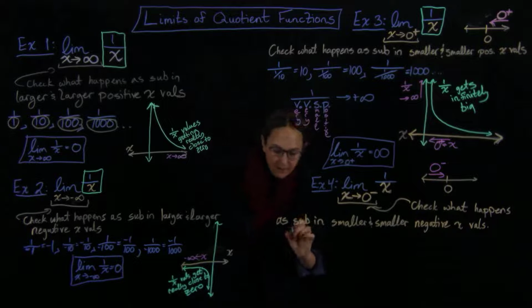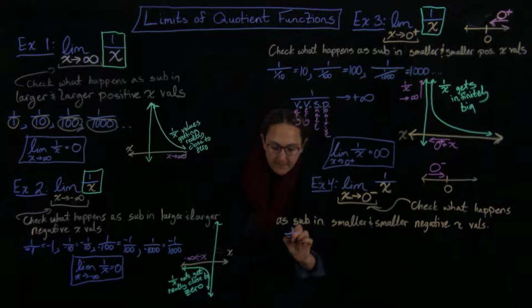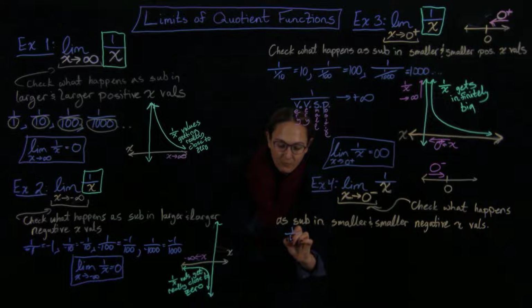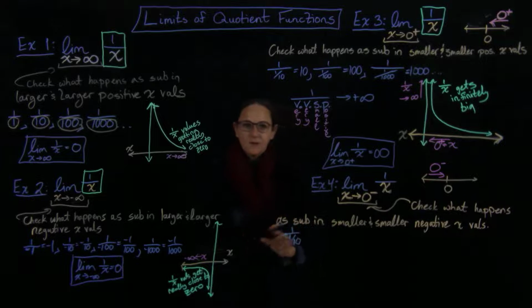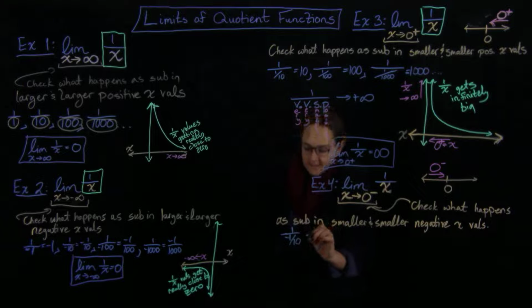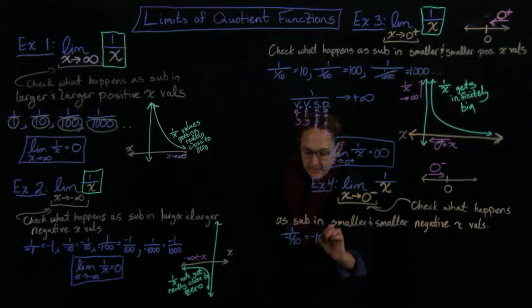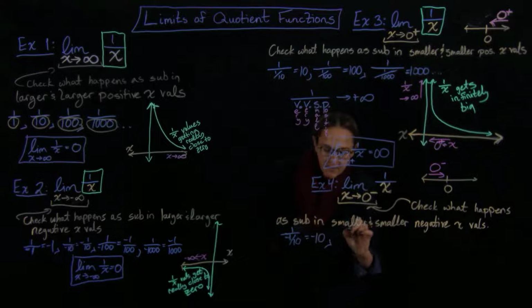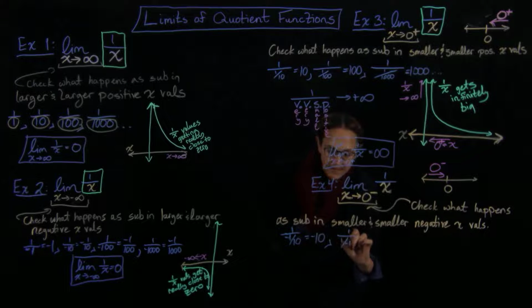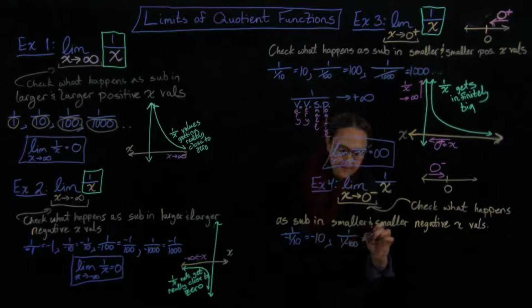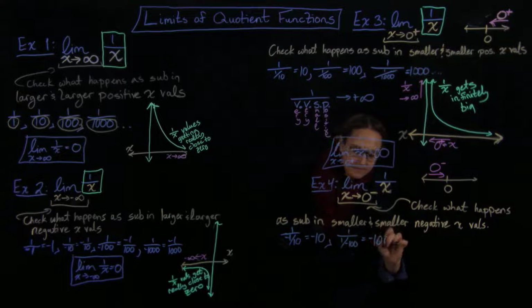So I have 1 over minus 1/10, which is going to equal minus 10. Then I have 1 divided by minus 1/100, so I get out minus 100.